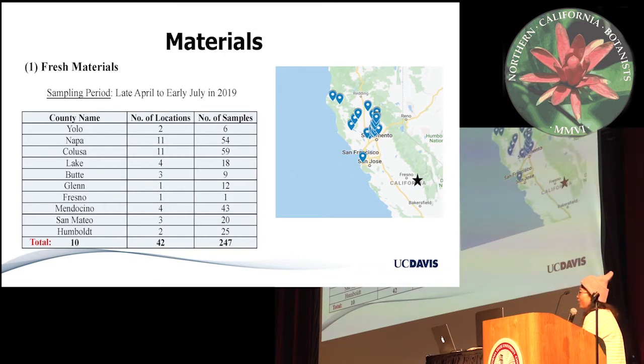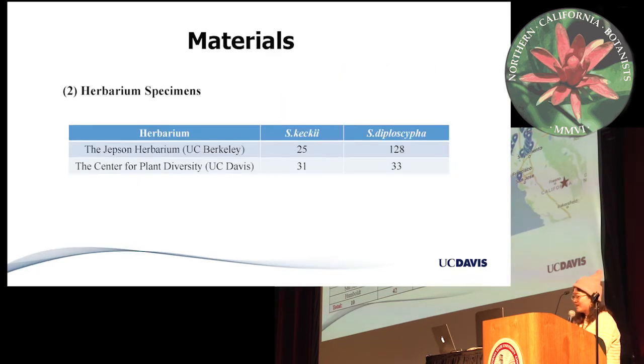So finally, we got almost 250 individuals from 42 different locations within 10 counties. This map roughly shows the distribution of all of our samples. We also need to mention that although we didn't get any fresh materials for the true Sidalcea in the southern Sierra Nevada, we did collect some leaf materials from the herbarium specimens provided by the herbarium at California State University, Fresno, which is pretty nice.